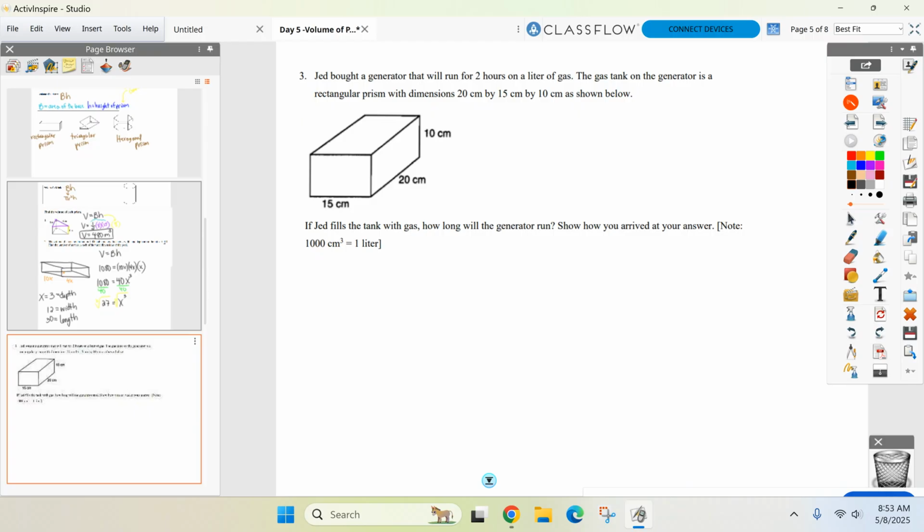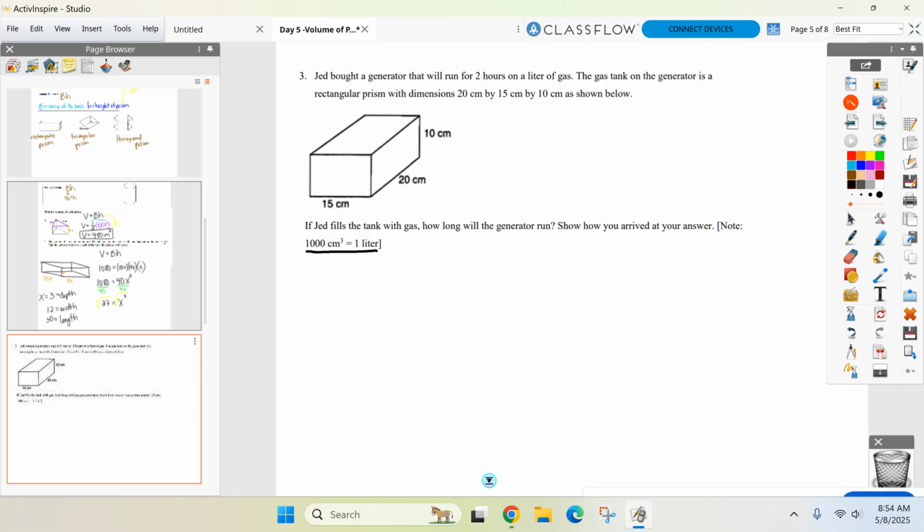Okay, the generator can run for 2 hours on a liter of gas. So first thing we need to find is how many liters it can hold. That is why I've given you this conversion. Everyone see how it's cubed? 1,000 centimeters cubed, that tells me it's volume.